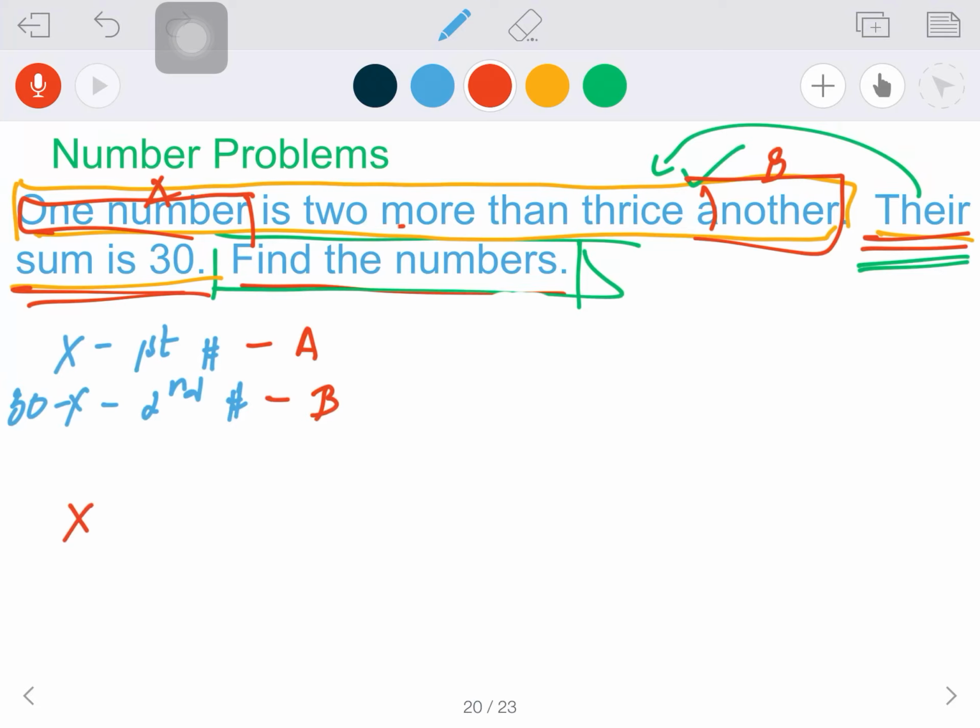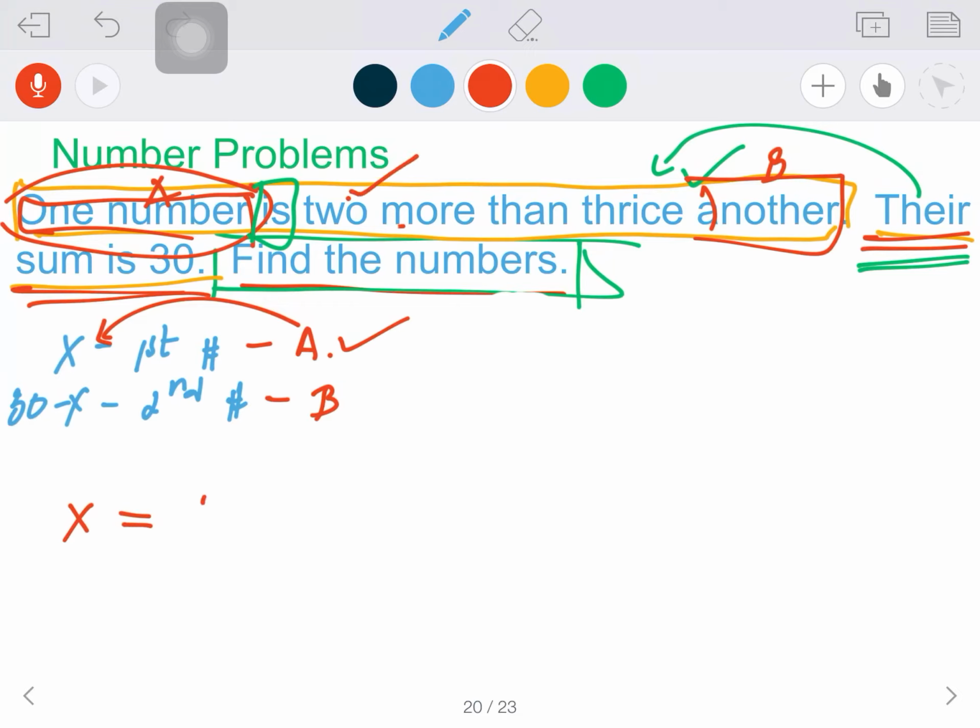That represents one number, because here you said that A refers to x. The second one is the word 'is', and we've learned that it represents an equal sign. Then, 2 more than thrice a number.